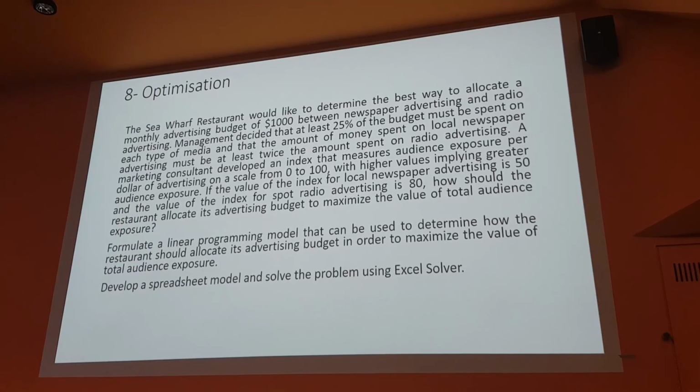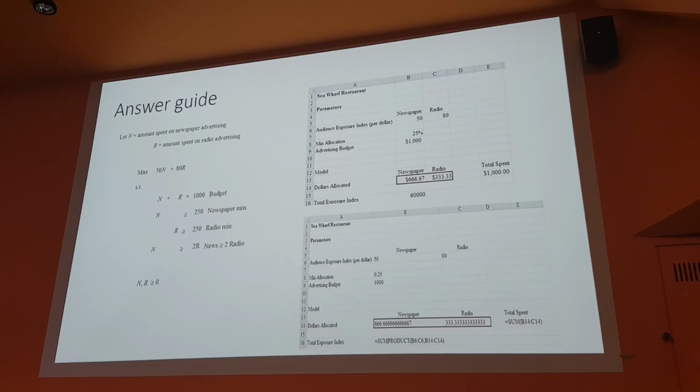It says the value of the index for local newspaper advertising is 50, and the value of the index for spot radio advertising is 80. For every dollar spent on the newspaper, you get 50 index of advertisement, and 80 for radio. And you know N plus R should be 1,000 because your total budget is $1,000.